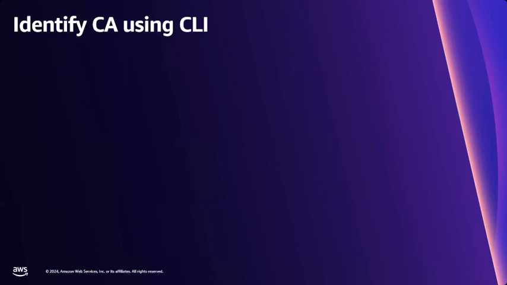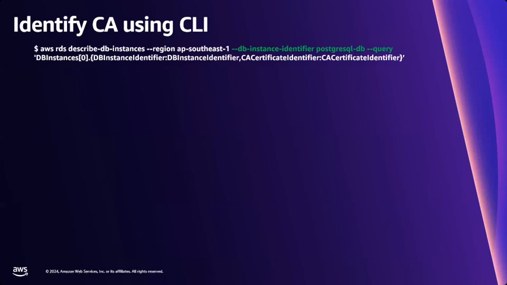You can also use the AWS CLI to programmatically identify affected instances. Just a reminder, as a best practice, always update your AWS CLI to the latest version before doing critical maintenance tasks through the AWS CLI. First, you need to use the RDS CLI command to describe database instances. As you can see on my screen, you need to run the CLI command aws rds describe-db-instances.